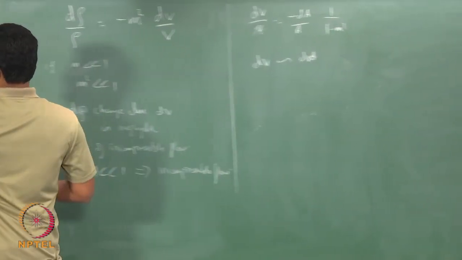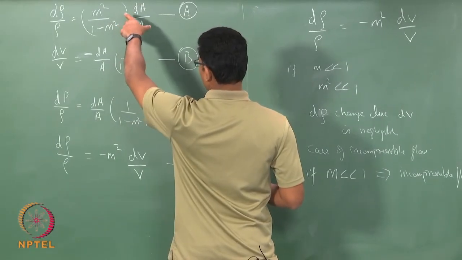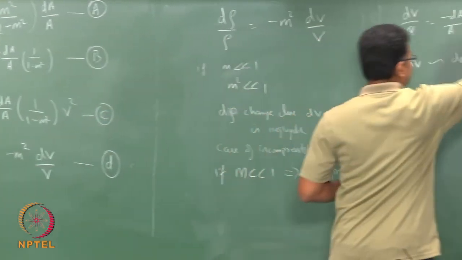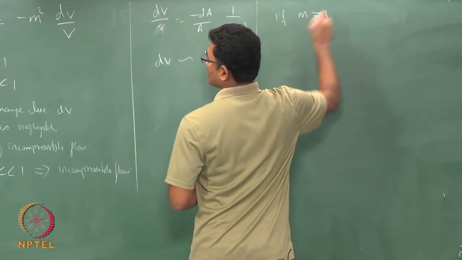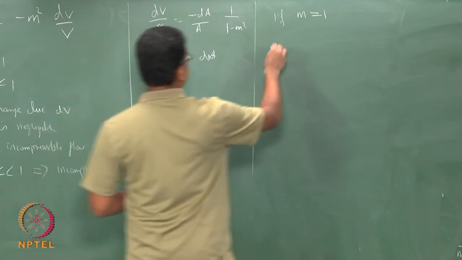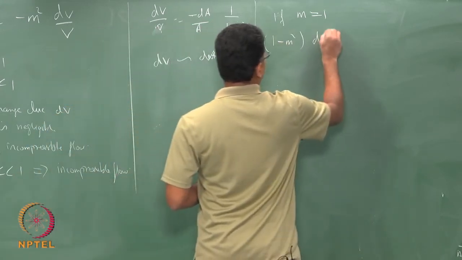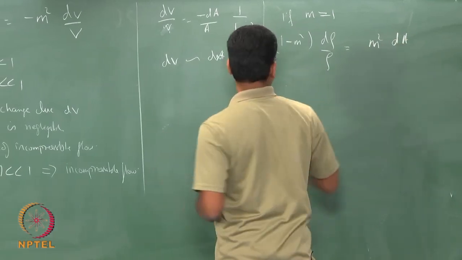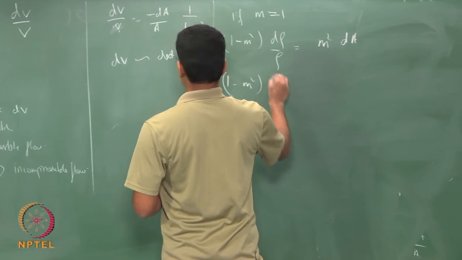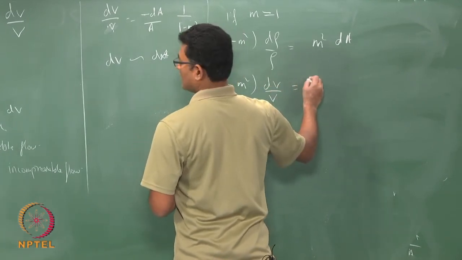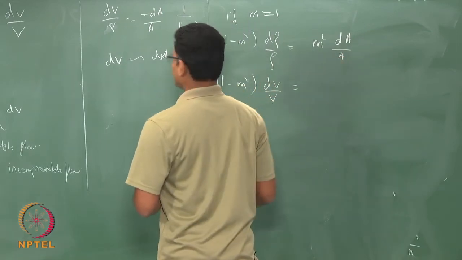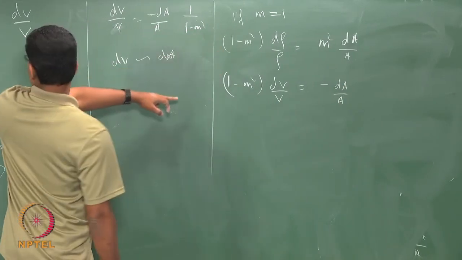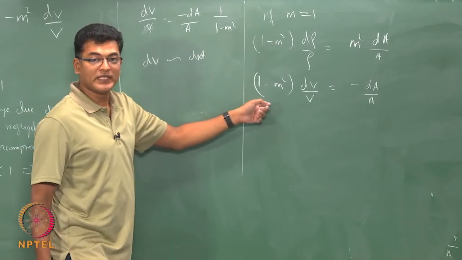Taking the first equation, 1 minus m square into d rho by rho equals m square dA by A, or the next equation, 1 minus m square into dV by V equals minus dA by A. So, this is equation A and this is equation B. If m equals 1, it just means that your dA is 0.